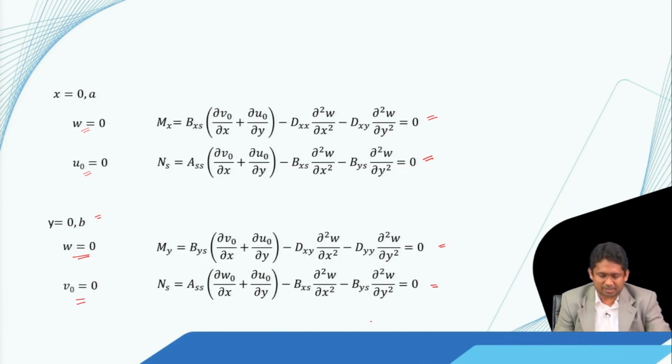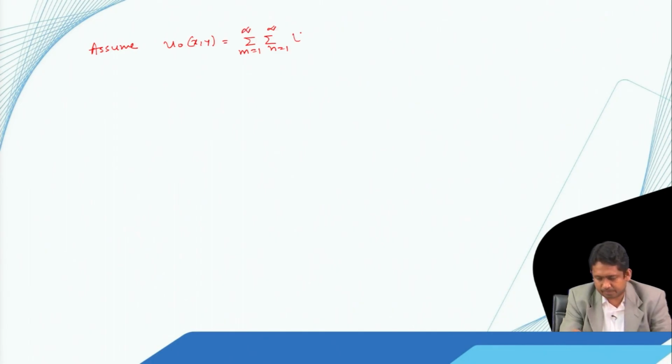So, with these boundary conditions we can assume u0 as a function of x and y as summation n equal to 1 to infinity, m equal to 1 to infinity, U_mn sin m pi x by a sin n pi y by b.